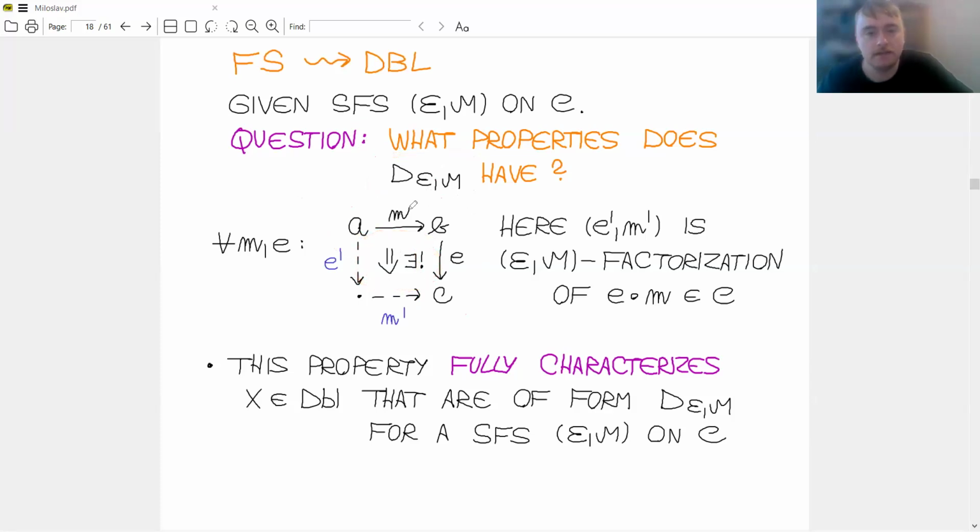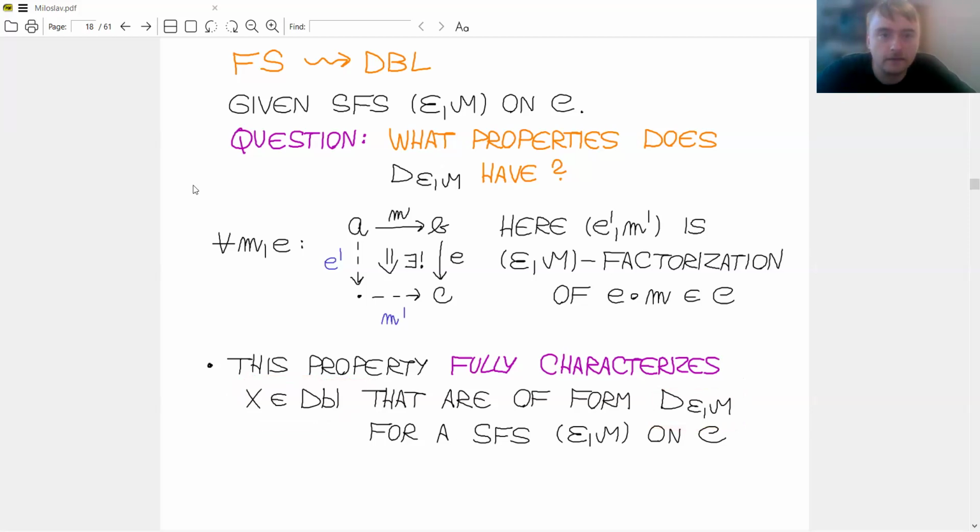This is because we can just take this morphism M followed by E. This is a morphism in C, and it admits a unique EM factorization. And this unique factorization gives a unique square. And it turns out that this property actually fully characterizes those double categories that come from a strict factorization system.